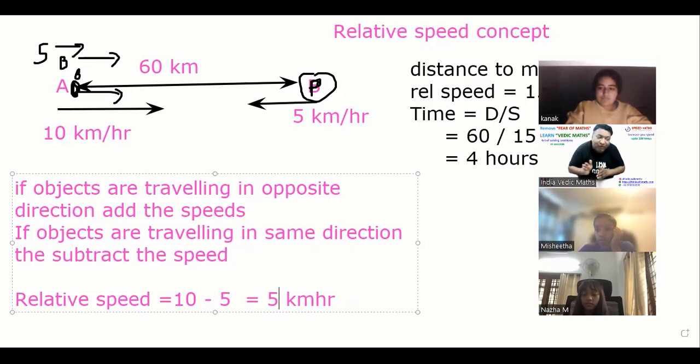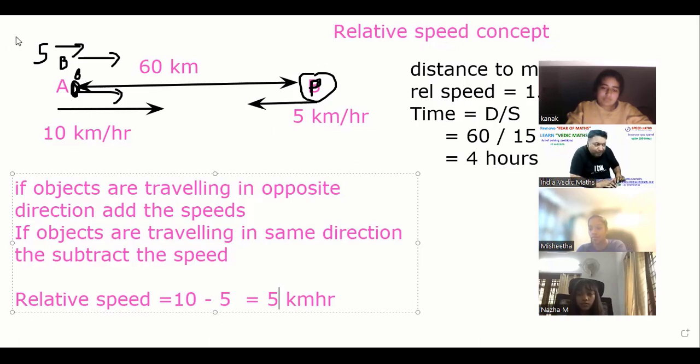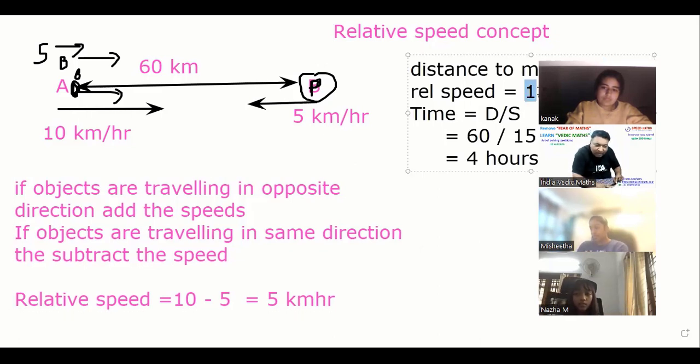So the person who is moving fast will catch up. B started first, then A started. So now you will say the distance to meet is still 60, the reduced speed is 5. So now you can say it will take 12 hours.